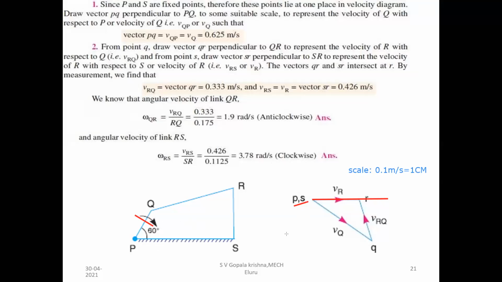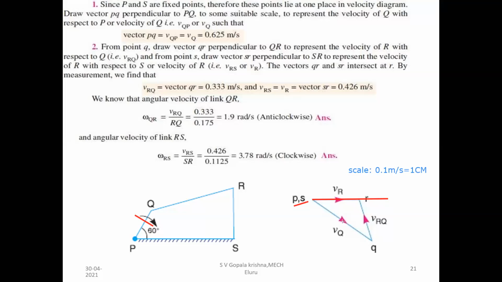Now you have to draw the direction. It can be drawn bottom side or upside, but it is the clockwise direction, as already stated, in which the PQ link rotates.